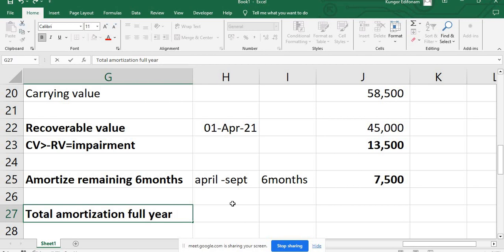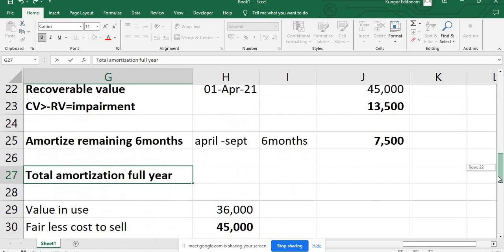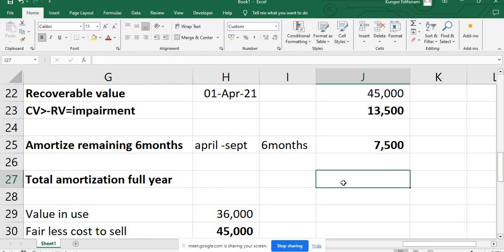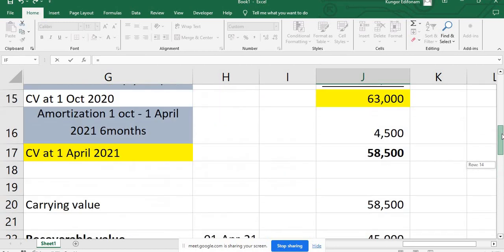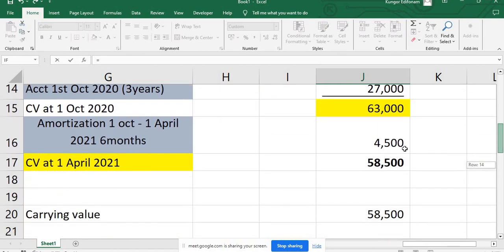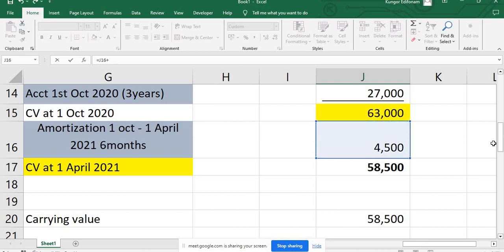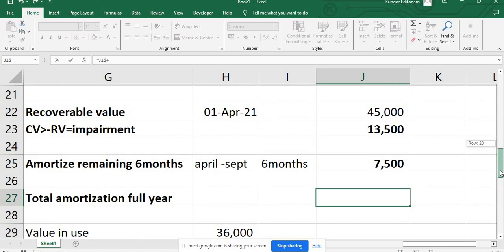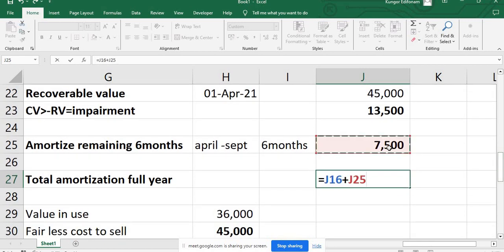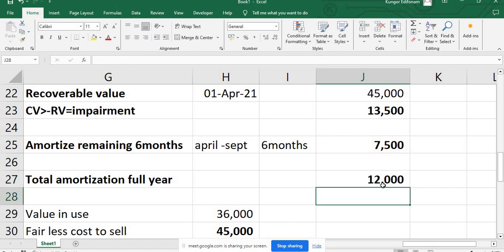The first 6 months amortization value plus the second 6 months, which is this 7,500. So the actual amortization will be 12,000. I hope it's clear. So I think we are done with all the adjustments.